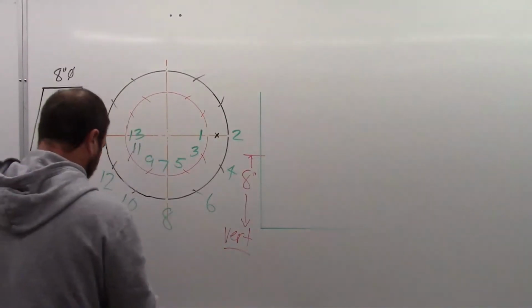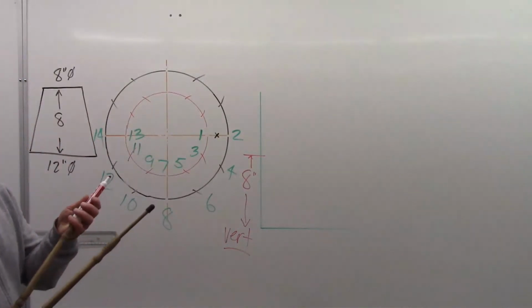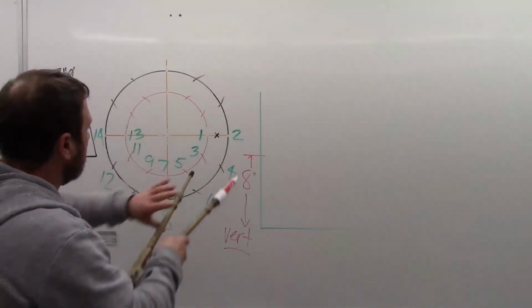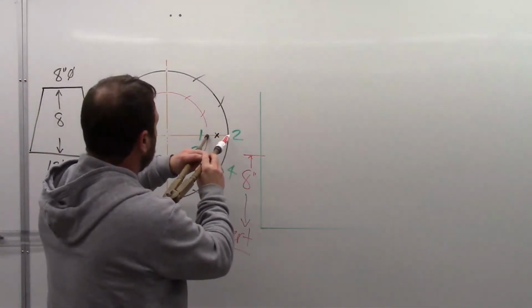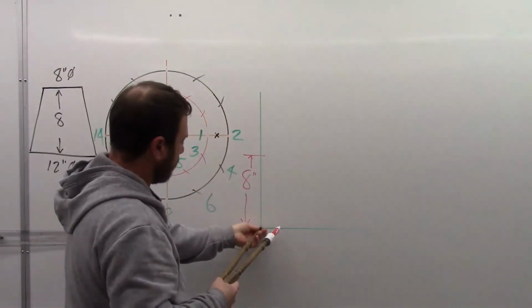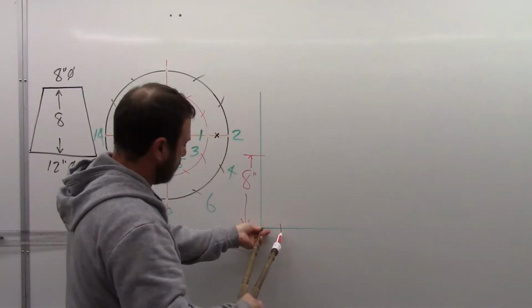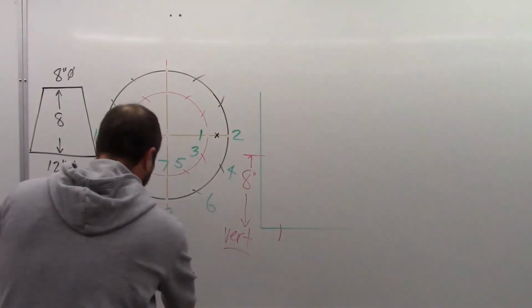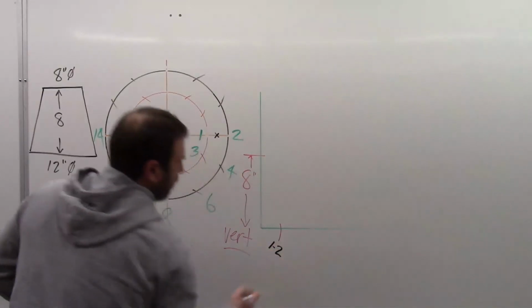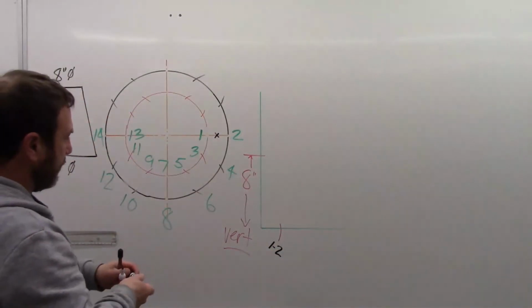And then we're going to take our element lines from the plan view and put them 90 degrees to the vertical height. So I'm going to take line 1, 2 and put it in on the horizontal. 1 dash 2, that's my line.